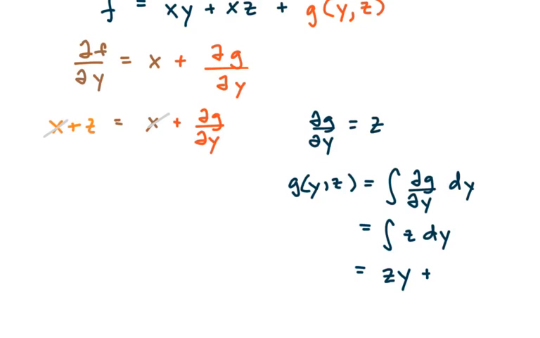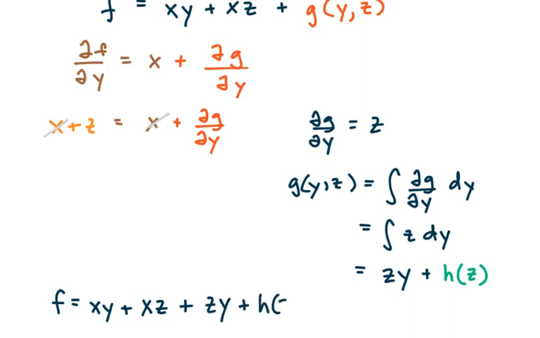So again, this constant, we have not dealt yet with that z variable. So this is still a function. So I'm not going to write c plus c like I normally would. I'm going to write plus h of z. So now we are going to come back up here and look at f. We solved for g right here. So I'm going to plug that in. I'm going to rewrite my function f of x, y, z. I'm just going to write f equals xy plus xz plus this function I just found, zy plus h of z.